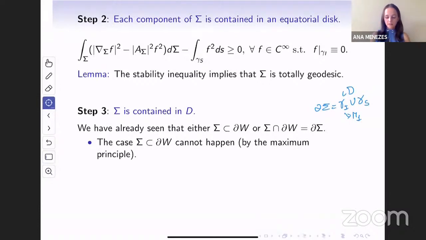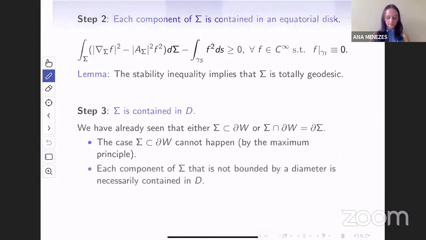So sigma is totally geodesic and the fixed boundary is contained in D. So if this represents the disk D, any component of sigma that is bounded by something that is not a diameter must be a piece of D, right? So each component that is not bounded by a diameter is contained in our disk D.